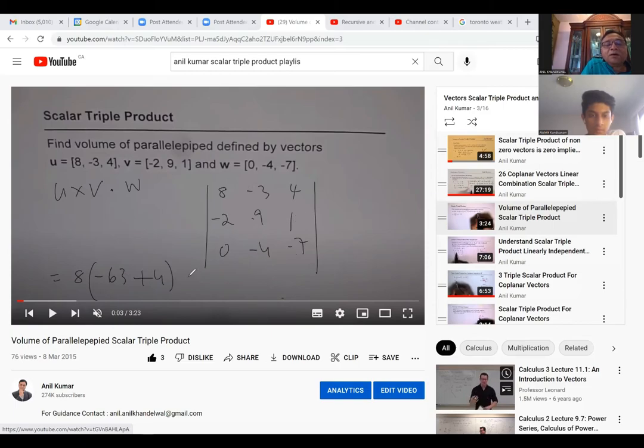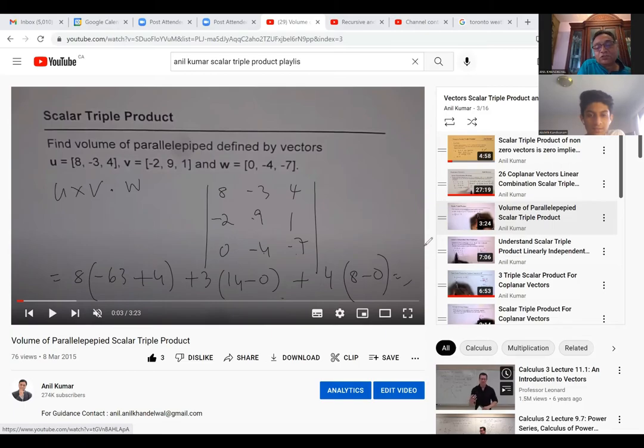Then we alternate plus and minus. Minus -3 times, so it becomes plus 3, times (-2 times -7) which is 14, minus 0. Plus 4 times (-2 times -4), both negative makes it positive, minus 0. That is your answer.